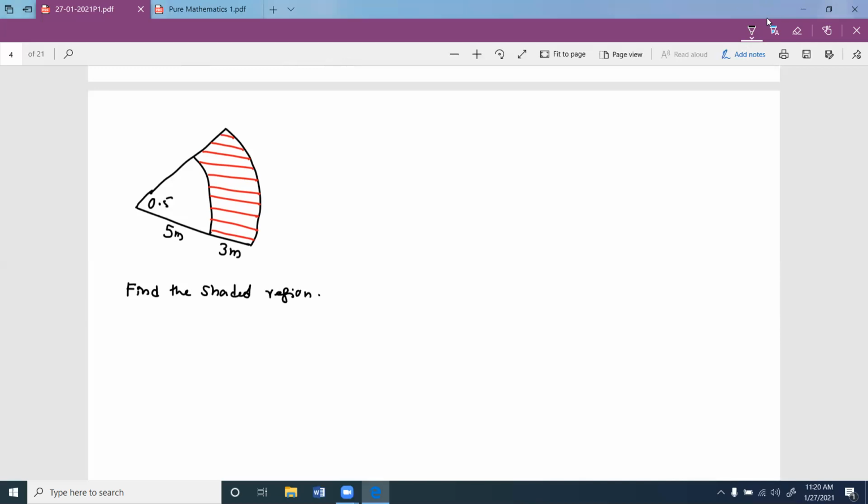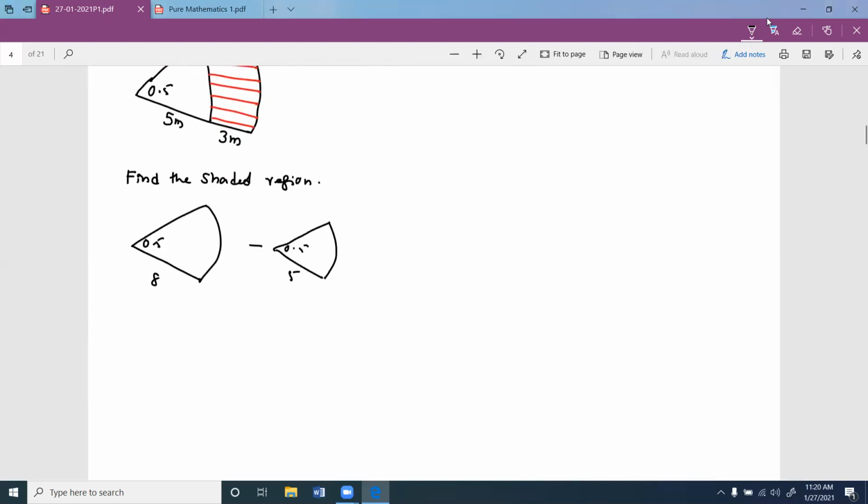So if you want to find the shaded region, what you can get here is this large arc sector. The large arc sector is center is 0.5 and radius is 8. It's from here to here. From this, you have to remove the small arc sector, where 0.5 and radius is 5. Then how do you get it? So you can say area of the large arc sector is half into 8 squared into 0.5 minus small arc sector is half into 5 squared into 0.5.